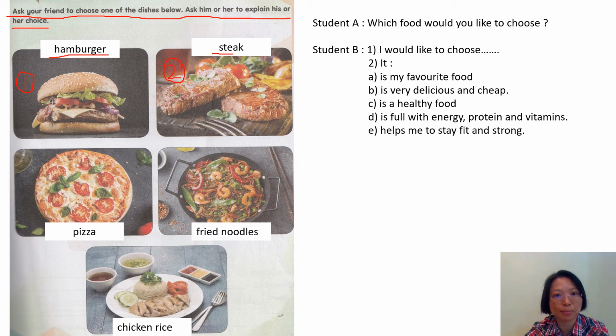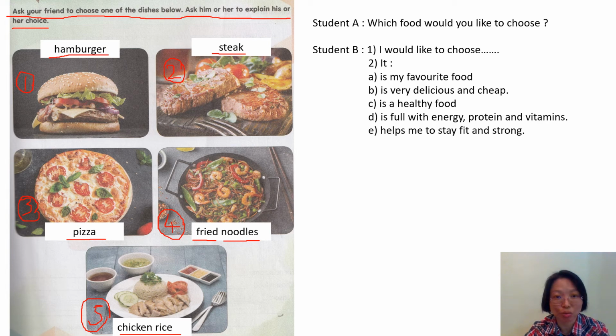Dish number 3 is pizza. Dish number 4 is fried noodles. And the last dish, number 5, is chicken rice.